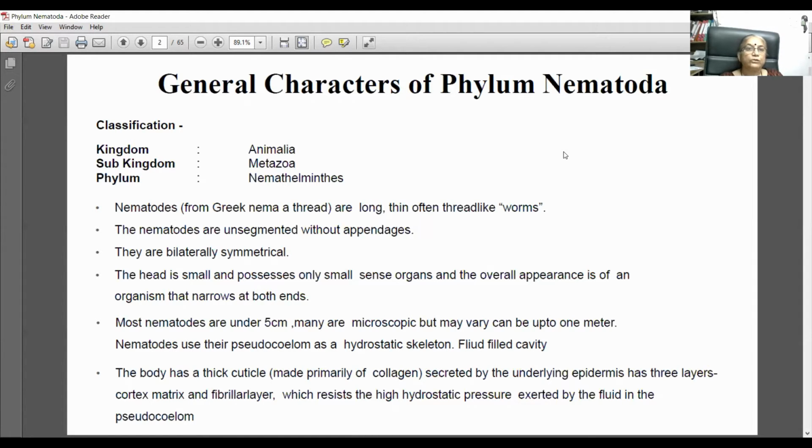This cuticle helps the nematode to resist the pressure created by the fluid. That is the hydrostatic pressure exerted on the cuticle by the fluid, which is resisted by the cuticle.